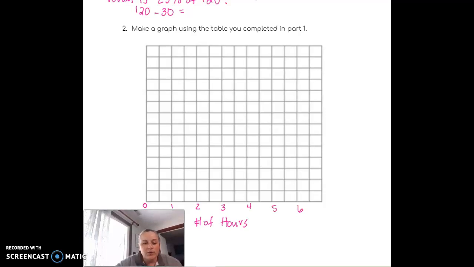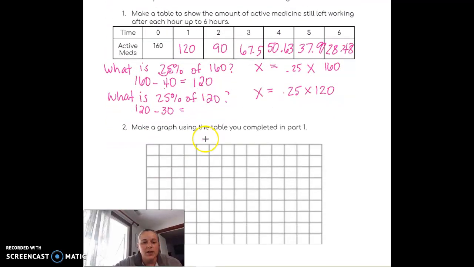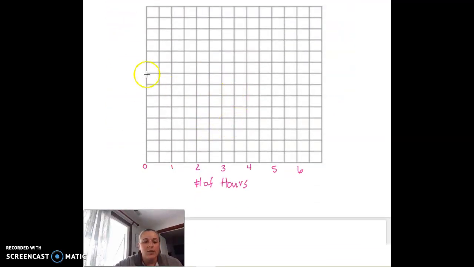The largest number of milligrams was what we started with, 160, so we can't go by ones. We're going to take our 160 divided by how many lines we have, and I think we have 14. 160 divided by 14 gives me 11. I don't like counting by 11, so I might go by 12s, 15s, or 20s, which are probably the easiest to go by. So I'm going to go by 20s.